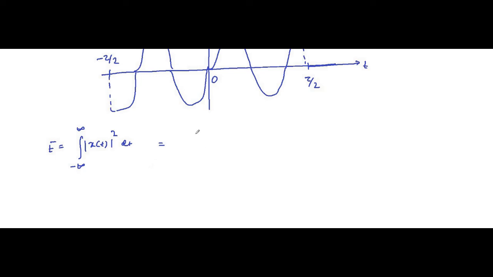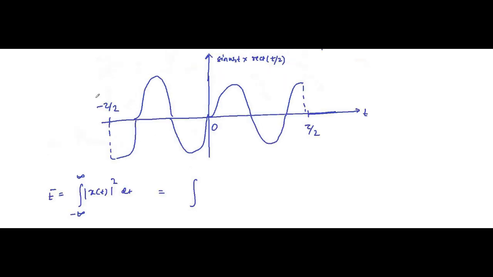So here we have to change the limits of the integration. The resultant is a sinusoidal signal in between minus tau by 2 to tau by 2.